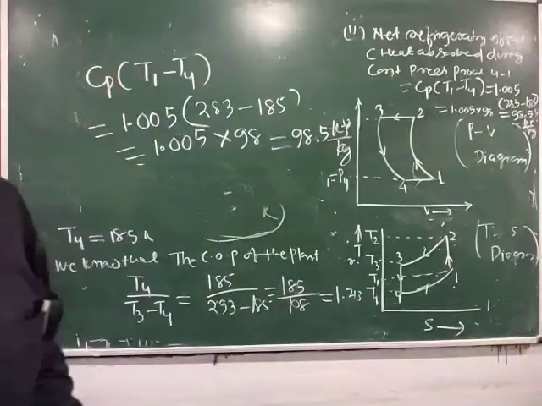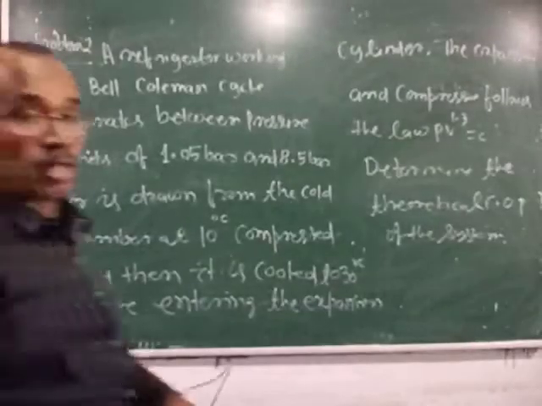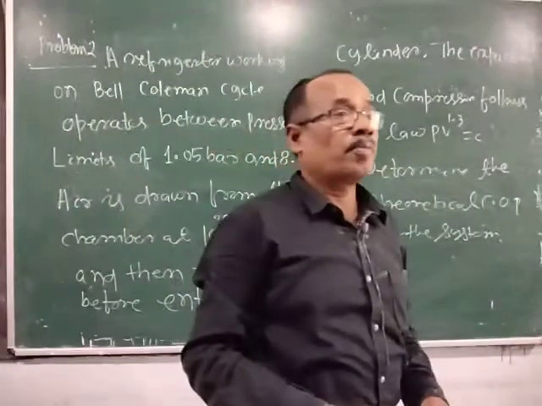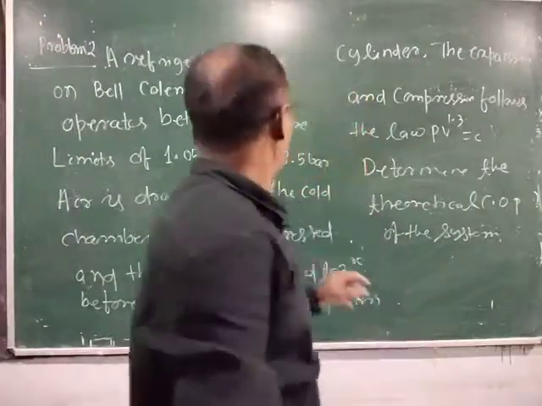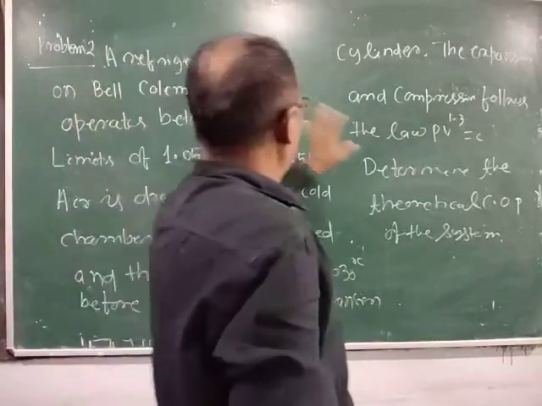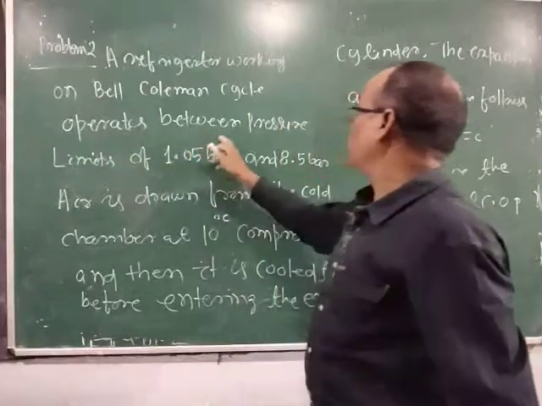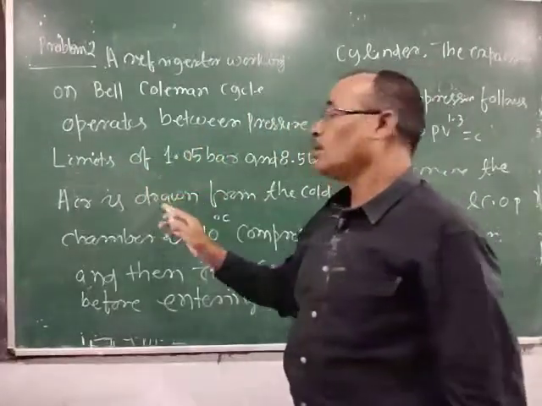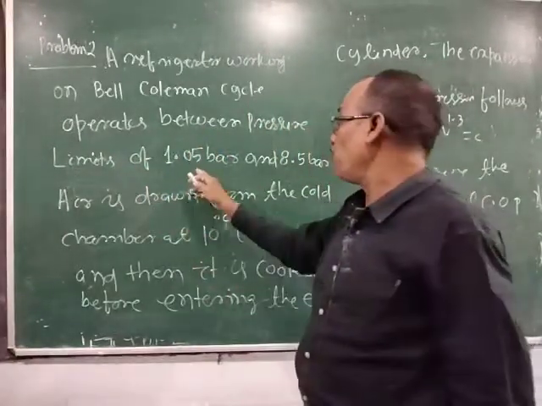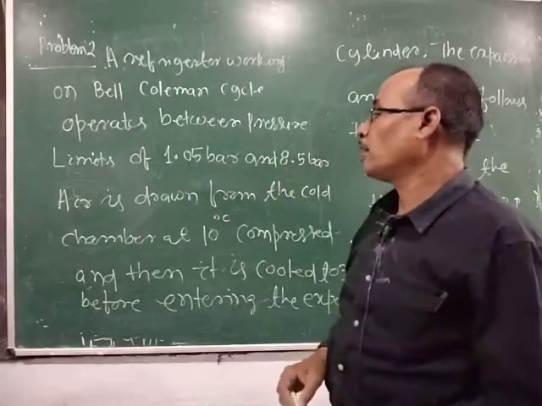Next, I will solve another problem. Problem number 2. A refrigerator working on Bell-Coleman cycle operates between pressure limits of 1.05 bar and 8.5 bar.